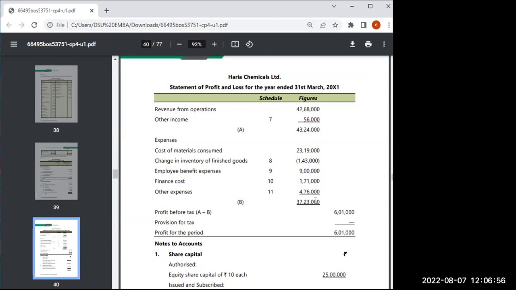I have a profit. What am I going to do with the profit? Before you start doing anything with your profit, first the government is telling you, give this much to me. That is why it is called appropriation of profit. But from the equity shareholder's point of view, only the profit after tax is their profit.